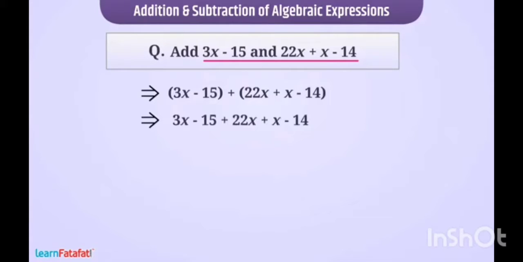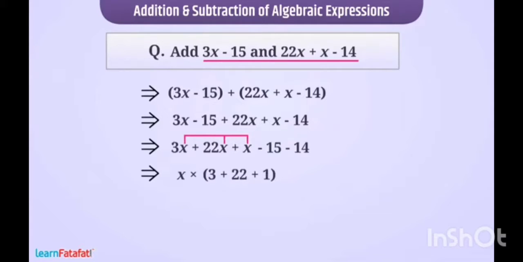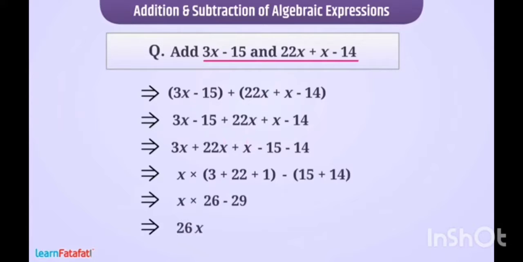Then we rearrange the terms such that like terms come closer. 3x plus 22x plus x minus 15 minus 14. We can take algebraic parts common. X multiplied by 3 plus 22 plus 1 minus 15 plus 14. X multiplied by 26 minus 29. That is 26x minus 29.